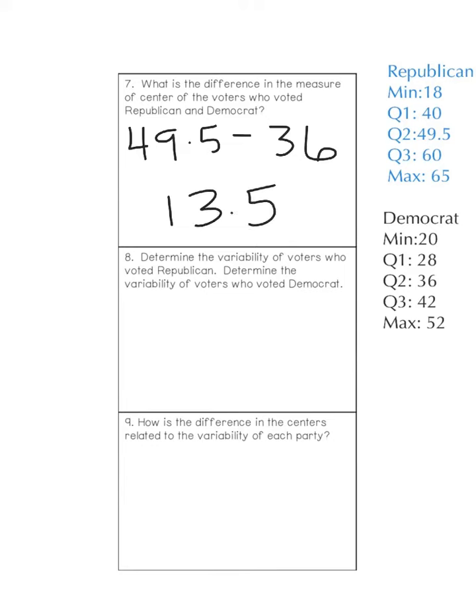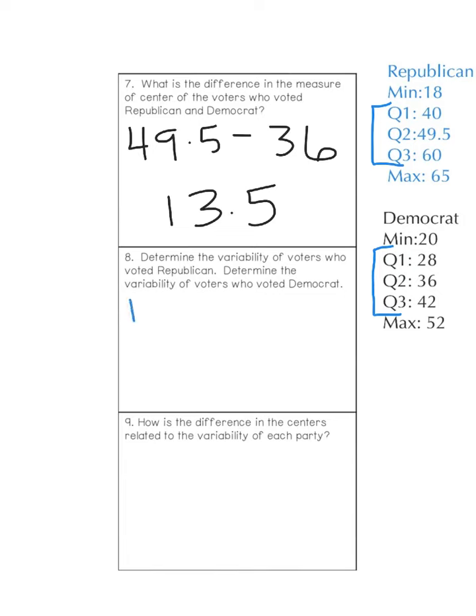All right, question 8 says, determine the variability of voters who voted Republican and the variability of voters who voted Democrat. That is where most of your data lies, and that is going to be the box part of our box and whisker. So we're going to take quartile 3 and subtract quartile 1 from it.